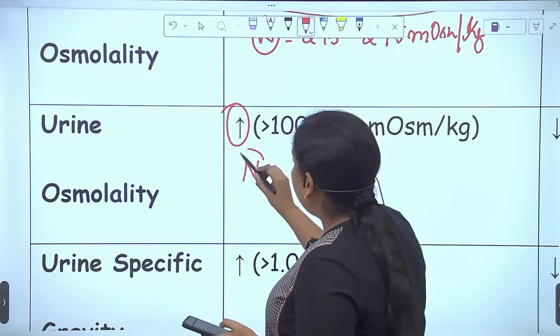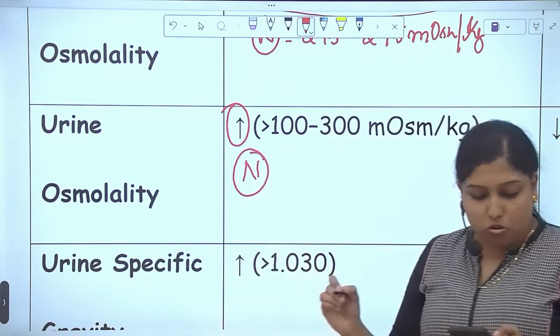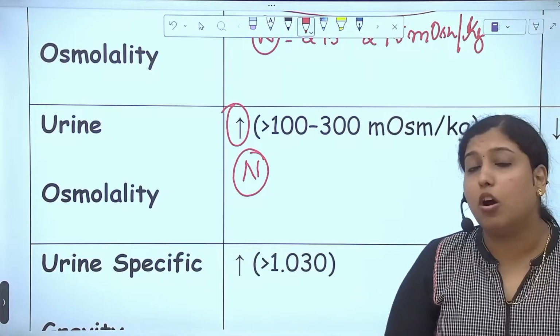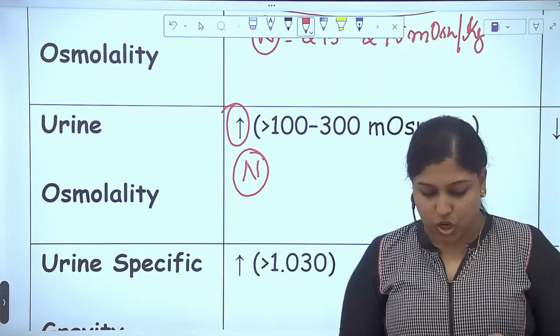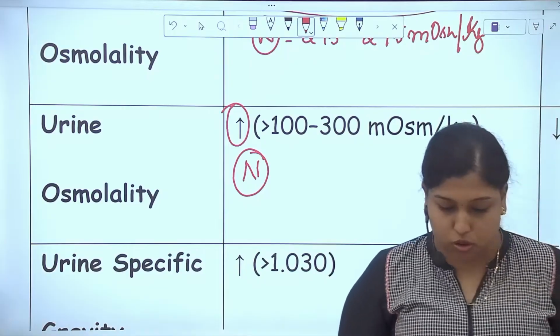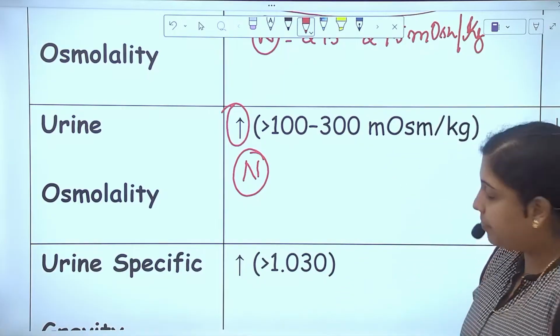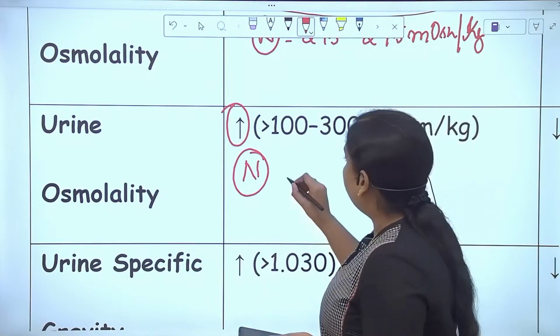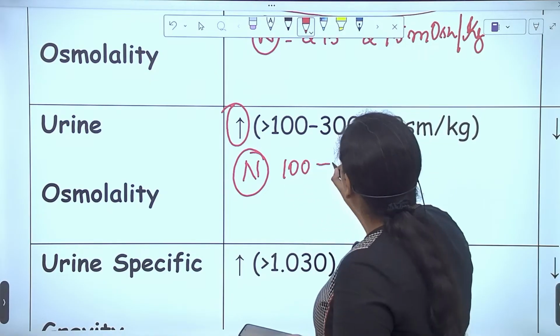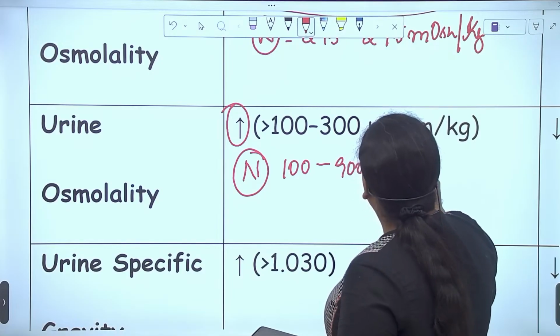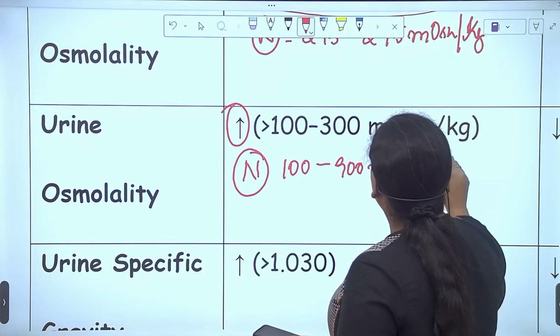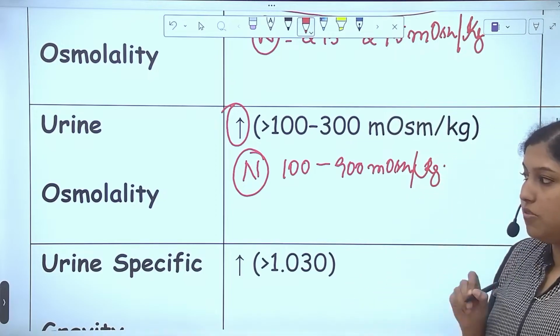Now, like you people have answered about serum osmolality, tell me, what is the normal urine osmolality? That is 100 to 900 milliosmol per kg. Okay, so this is your normal urine osmolality, which you have to remember.